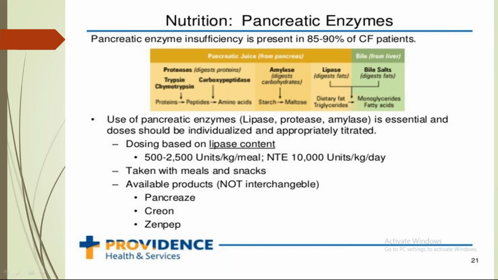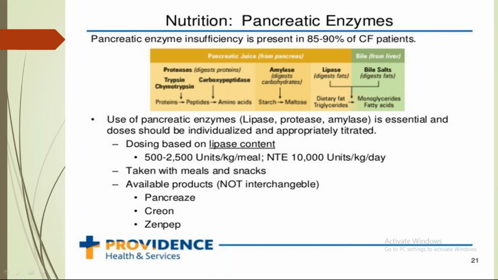as the liver is also affected. These enzymes are essential for normal digestive function and for digestion of proteins, lipids, fats, and carbohydrates, so we should replace them in these patients.